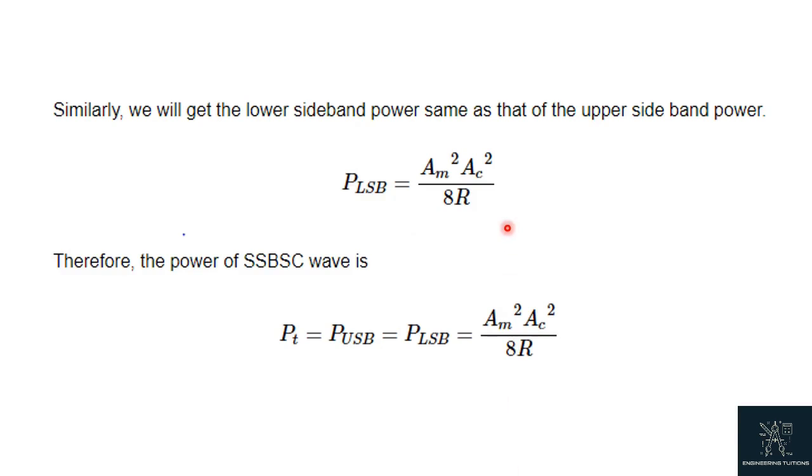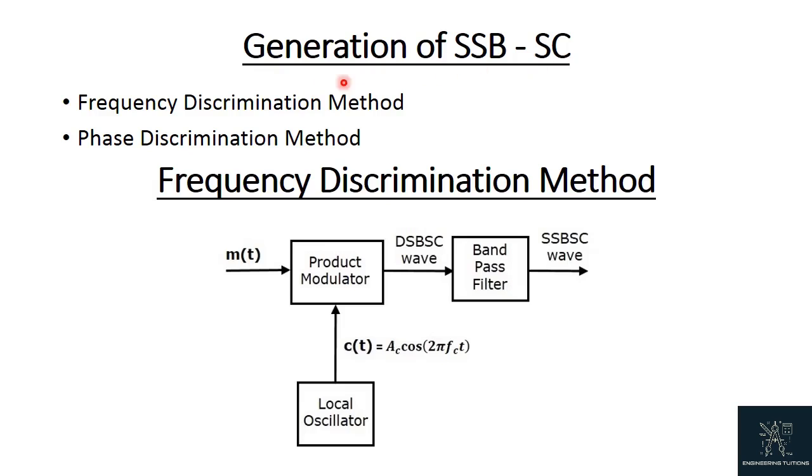Similarly, we will get the lower sideband power same as that of the upper sideband power. PLSB is equal to Am square Ac square by 8R. Therefore, the power of SSB-SC wave is Pt is equal to PUSB is equal to PLSB is equal to Am square Ac square upon 8R. Now generation of SSB-SC wave.